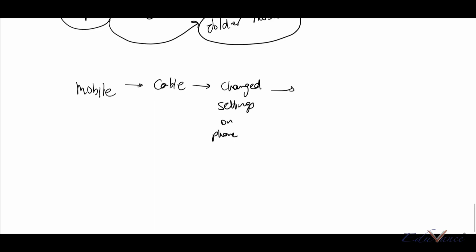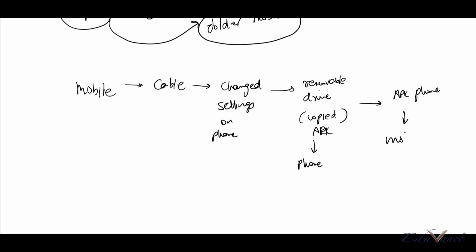Our mobile phone shows up as a removable drive on our computer. So I copied the APK onto my phone. And then what did we do? We saw the APK file on our phone and we clicked on install.